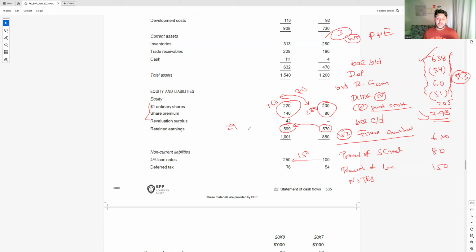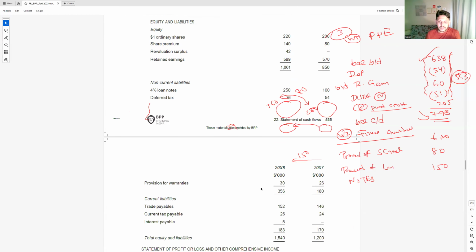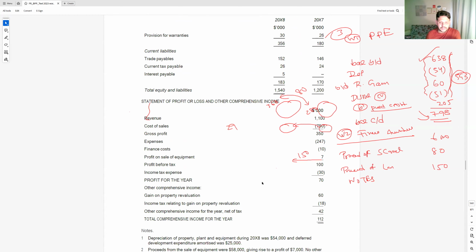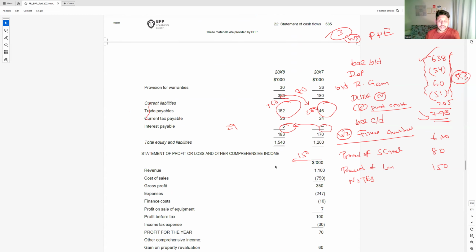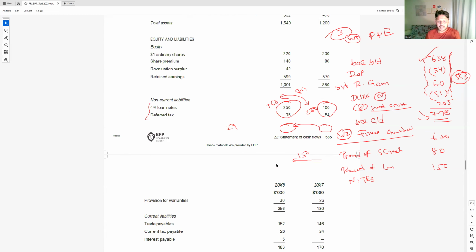One thing we have discussed before, if there is a profit, then it will increase my retained earnings. So you need to look at the profit and loss account. Did we make any profit this year? You can see profit after tax, 70. So let's look at retained earnings.